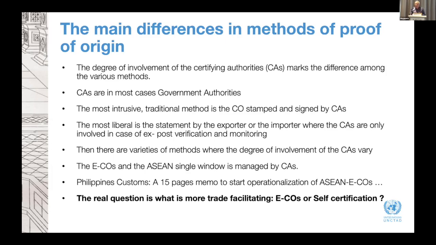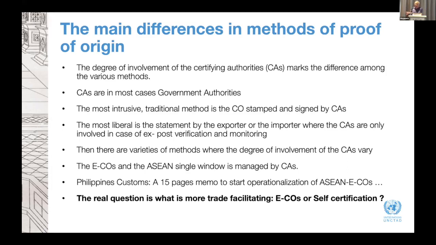So the real question is this: in the world we have two schools of thought. One is heading towards ECOs, which is very much the case within Southeast Asia, but also in other parts of Asia and the Pacific, like Japan, Australia and New Zealand.